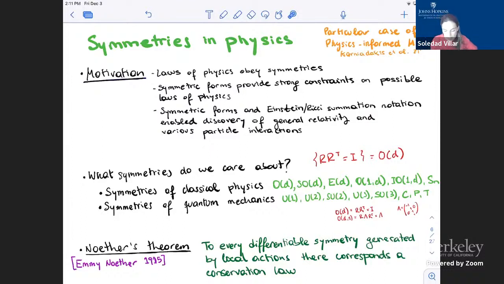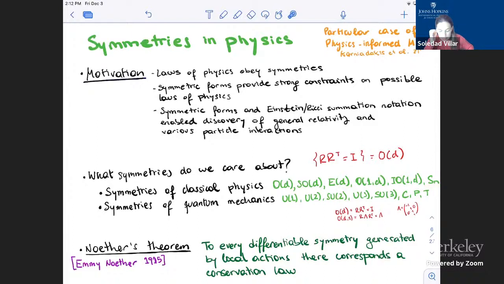So in particular, I'm going to focus on groups that show up in physics: the orthogonal group, the rotations, translations, the Lorentz group, which includes boosts, and the Poincaré group, which is rotations, Lorentz transformations and translations, and also the permutation group.